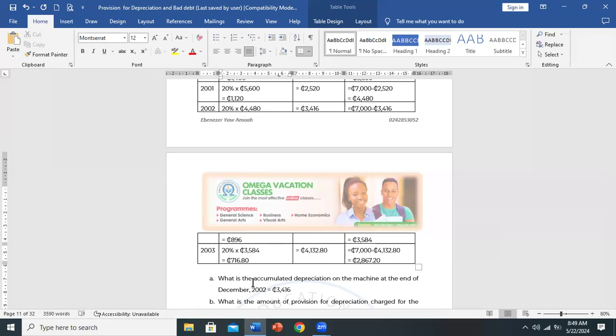So, okay, Mommy, you have a question? Please, as I was doing the calculation, when I multiplied the year 2002, the 20% and the 4,040, the answer I got, I added it to the 2,520.